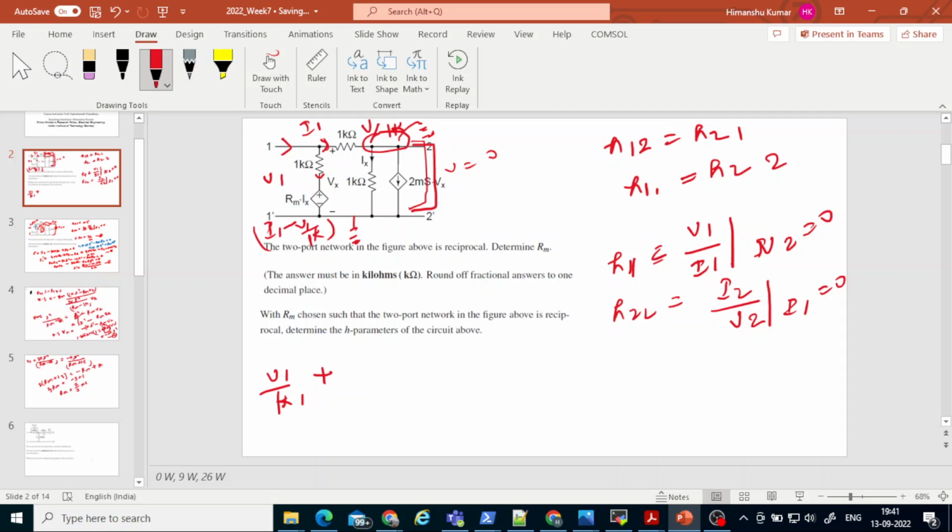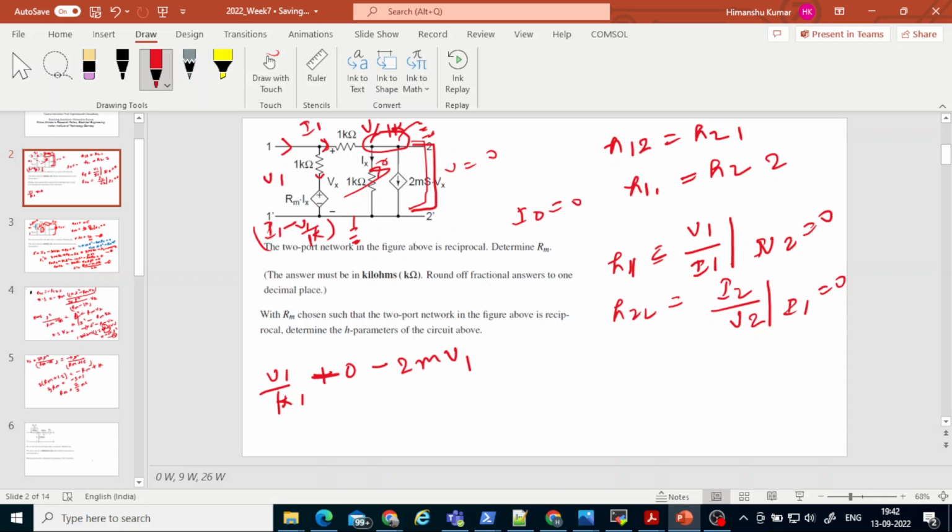So the current in this is minus the current in this. Ix will be equal to 0 when V2 is 0, so this is 0 minus 2 millisiemens times Vx, and Vx is V1.